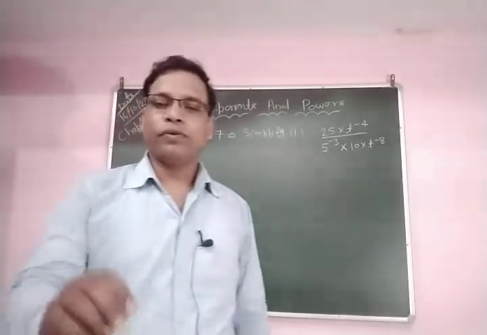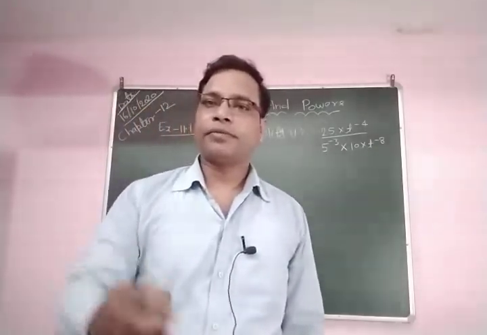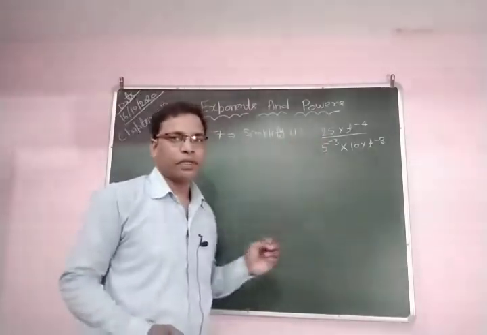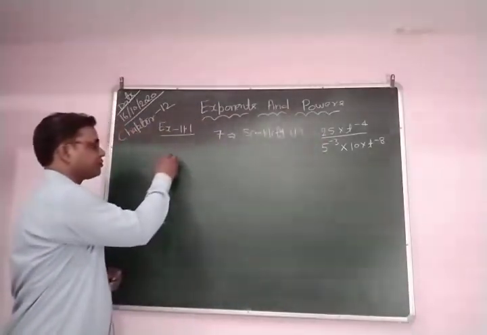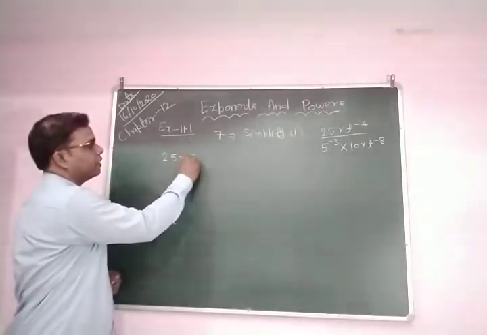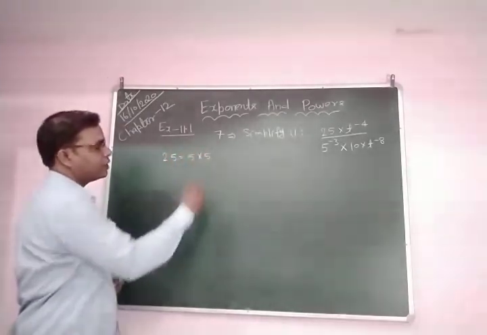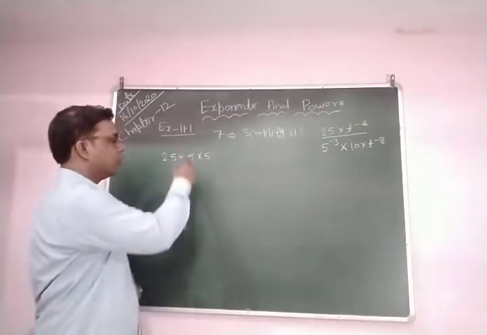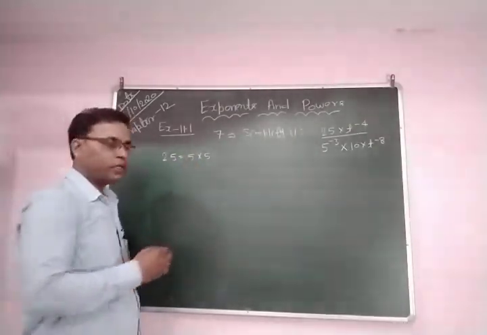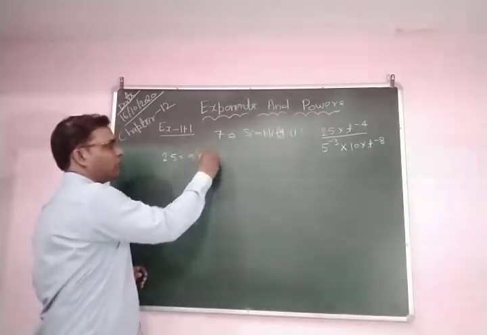Okay, so we know the law of exponents. We can write 25 is equal to 5 into 5. Clear? So here you can see 5 to the power 1, and this is also 5 to the power 1.